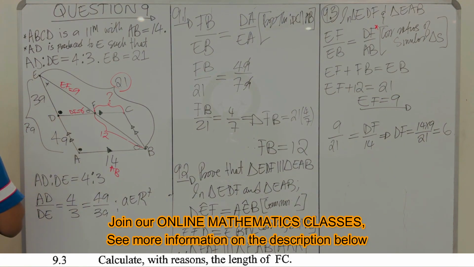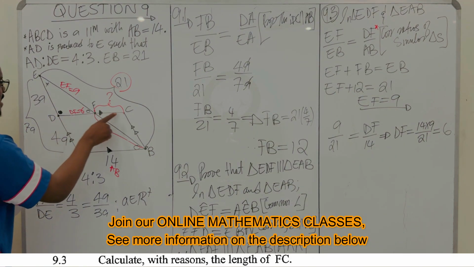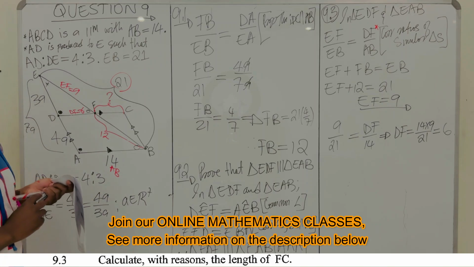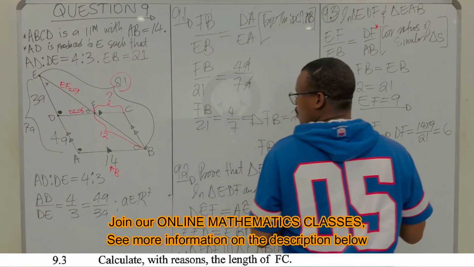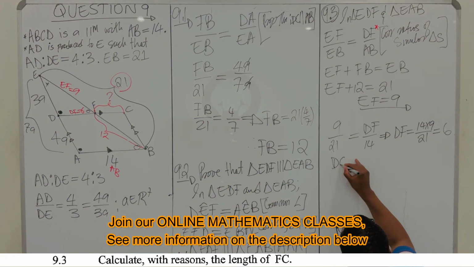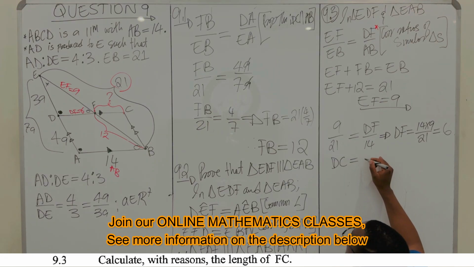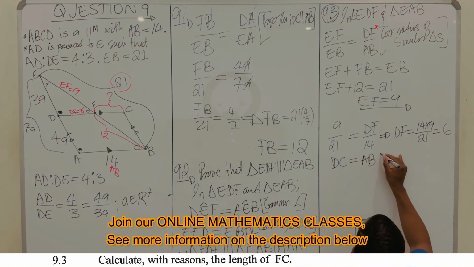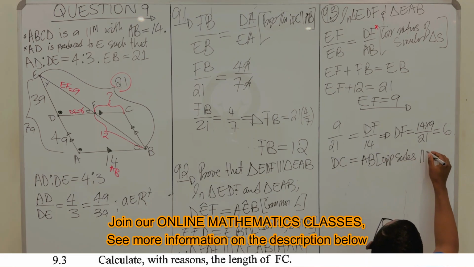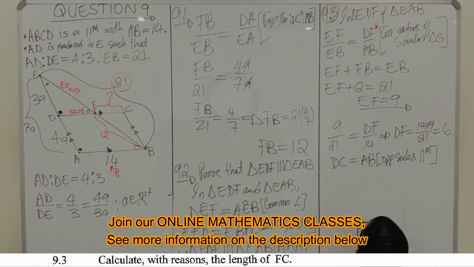So we know that DC is equal to AB, because these are opposite sides of your parallelogram. What is DC made of? DC is equal to DF plus FC, which makes up AB.